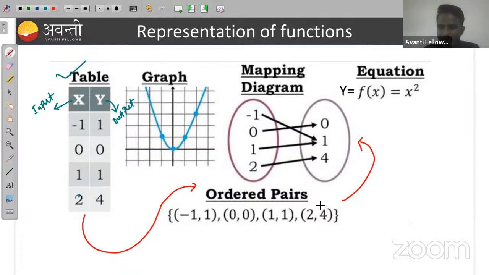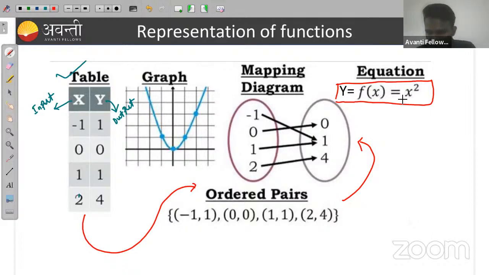So I got the pattern that every time you put x as input, the output will be the square of it. So I got a mathematical relation between x and y: y is equal to f of x, which is equal to x squared. That means y is the image of x.